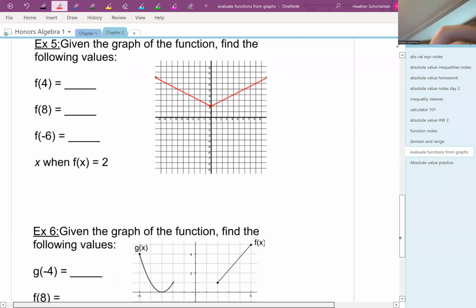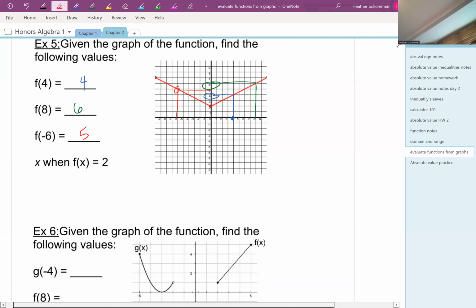Let's try this again. F of 4, 1, 2, 3, 4 is right here. I go up, I read it, +4. F of 8, right here, go up, read the y, 6. F of -6, I go up, I read the y, and it is at 5.